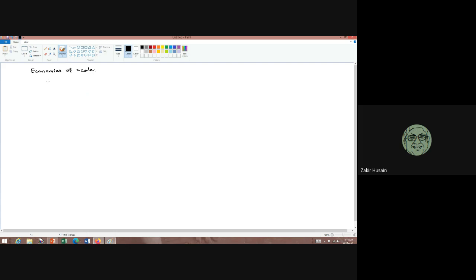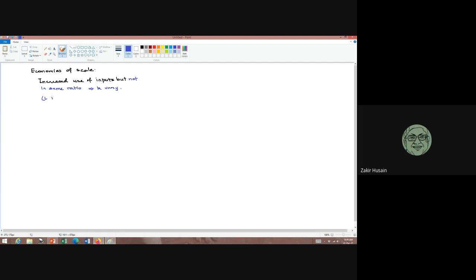Okay, so economies of scale is you have increased use of inputs, but not in same ratio. So that is K can vary.